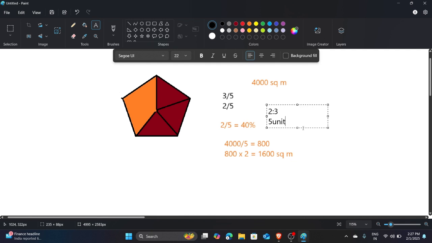The total portion is 2 plus 3, which is 5 units. So out of 5 units, you have 2 by 5, which is 40%.